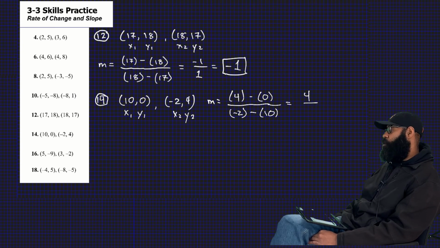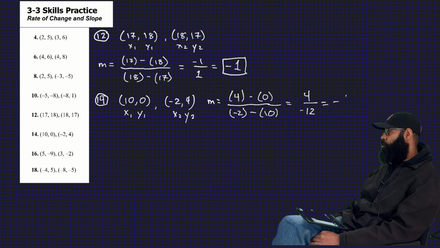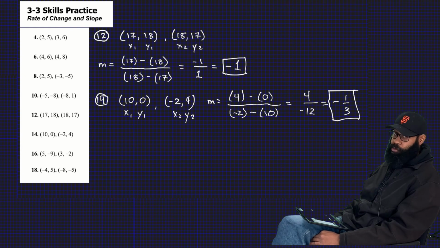So 4 minus nothing is going to give you 4. And negative 2 minus 10 is going to give you negative 12. And then you go, is that right? And you go, no, if you want 100%, because you need to simplify.